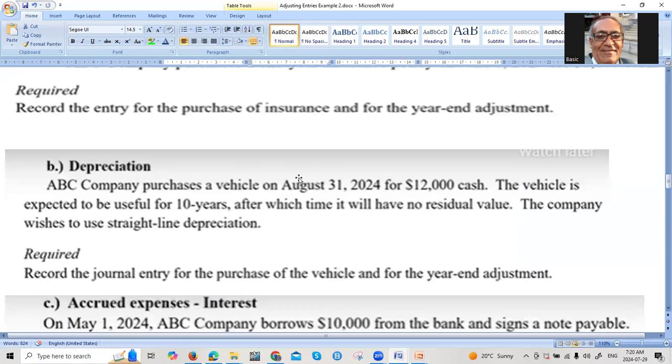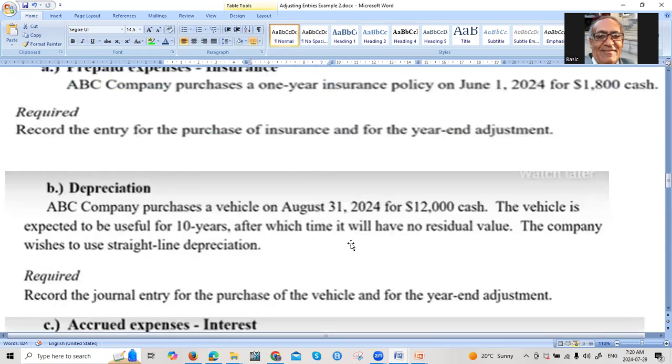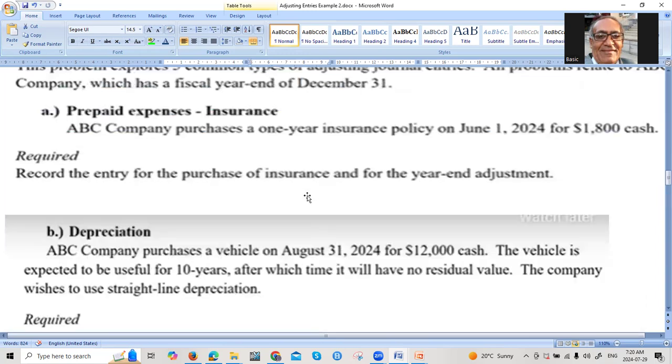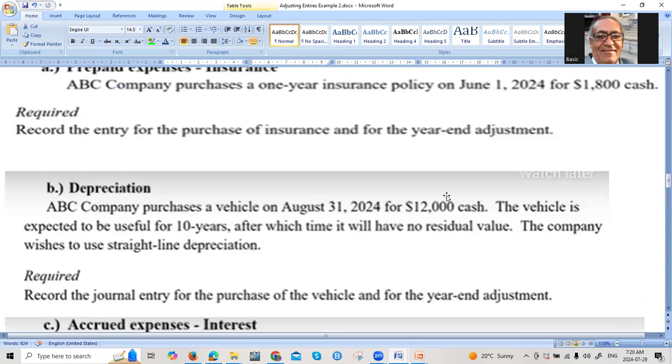Look at this. I will calculate from August 31 until December 31. The price of this vehicle is $12,000 in cash. So cash means that I paid in cash. I didn't pay with accounts payable. I didn't pay with notes payable. I didn't sign a note, nothing.